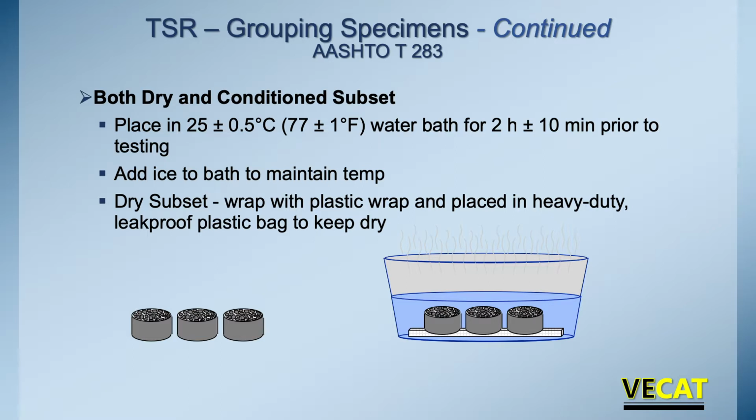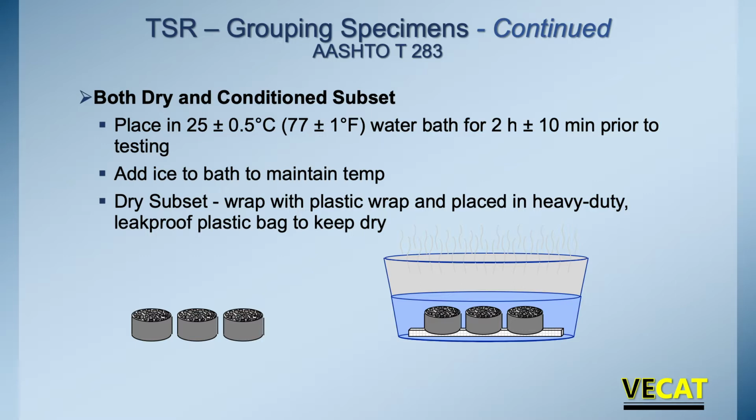Now, after that 24-hour soak in the hot water bath, the two subsets can come back together. When they come back together, we're going to place them in a second water bath at 25 C or 77 degrees Fahrenheit for 2 hours, plus or minus 10 minutes. We don't want them left in there much different than 2 hours.